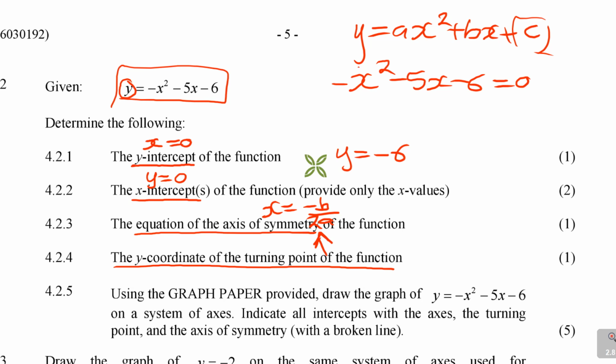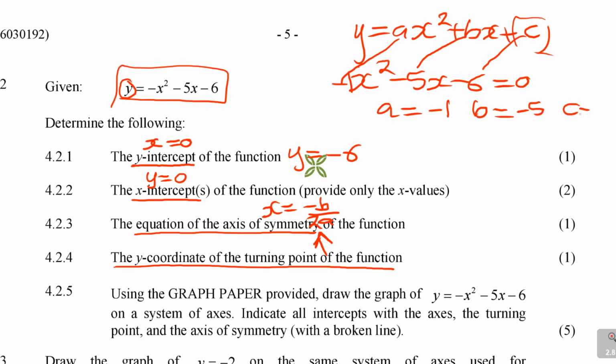Now guys, I will say, if you are not good at factorization, please rely on the quadratic formula, because that's what is going to assist you. Remember, there is a hidden one there. So a, this is your a, this is my b, this is my c. So a is equal to minus 1, b is equal to minus 5, c is equal to minus 6.